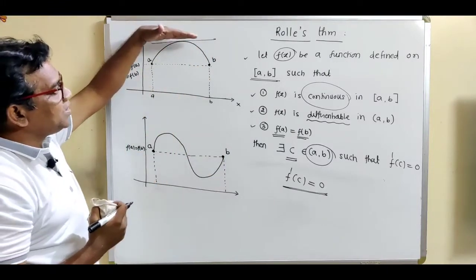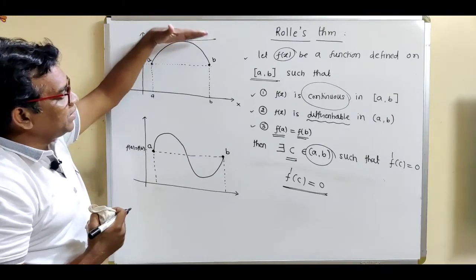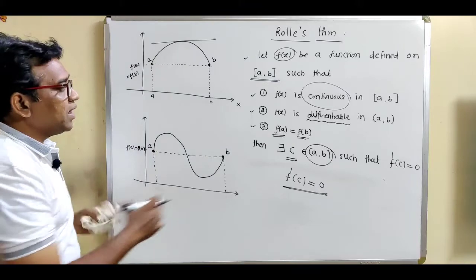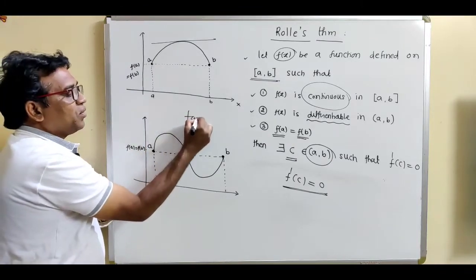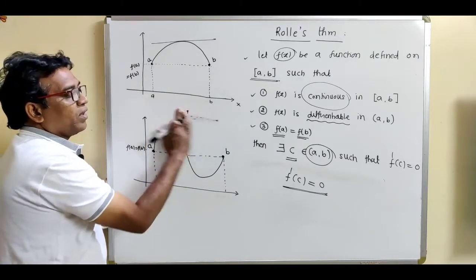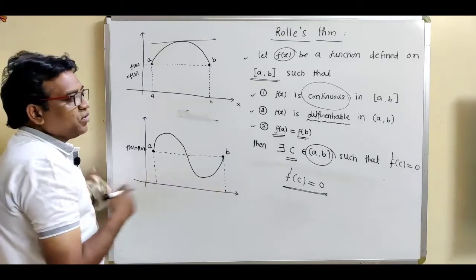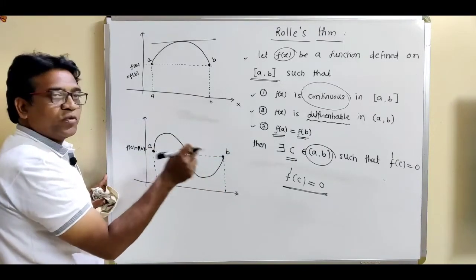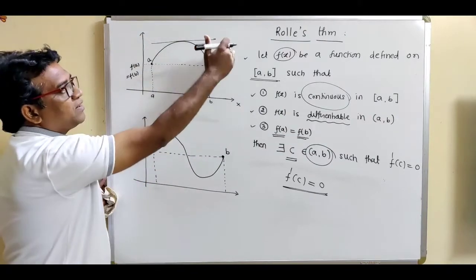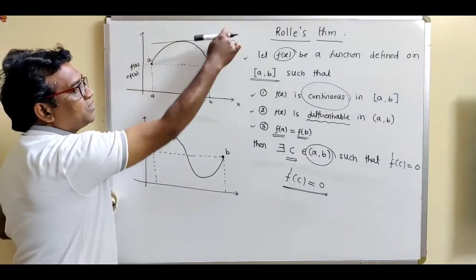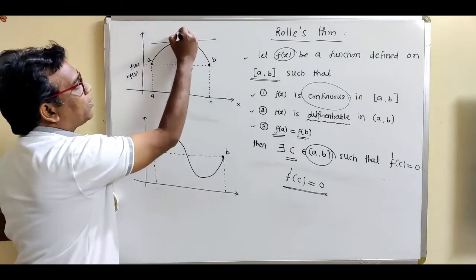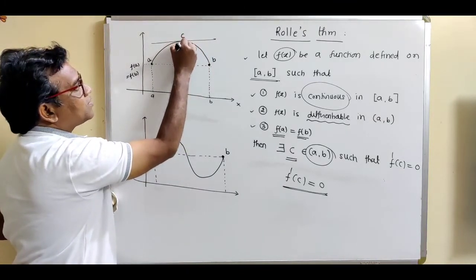Slope 0 means there is no angle between this line and the x-axis. There is a 0 angle. So tan 0 is 0. So f'(c) = 0. f'(c) = 0 means the slope of the tangent is 0, and that means the tangent should be parallel to the x-axis. So this is that point x = c.